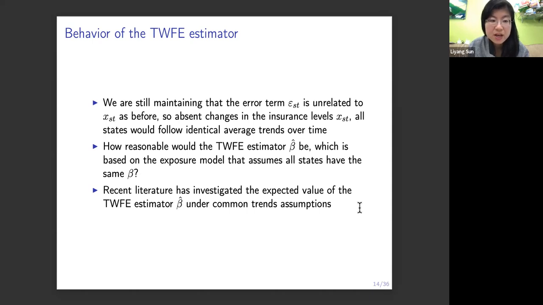Motivated by this, there is an active research area that investigates the expected value of the two fixed effects estimator when we allow for heterogeneous coefficients. For our paper, we focus on deriving the expected value of the two fixed effects estimator for our Medicare example.